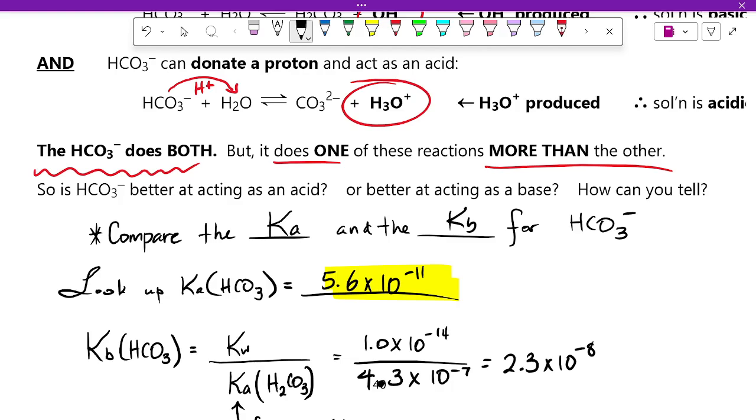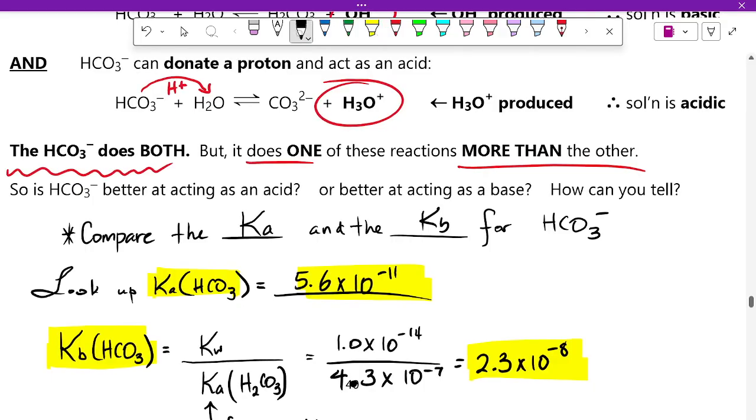I found the Ka. I have found the Kb. What do I need to do with that? I need to compare them. So which one is bigger? Kb is greater than Ka.